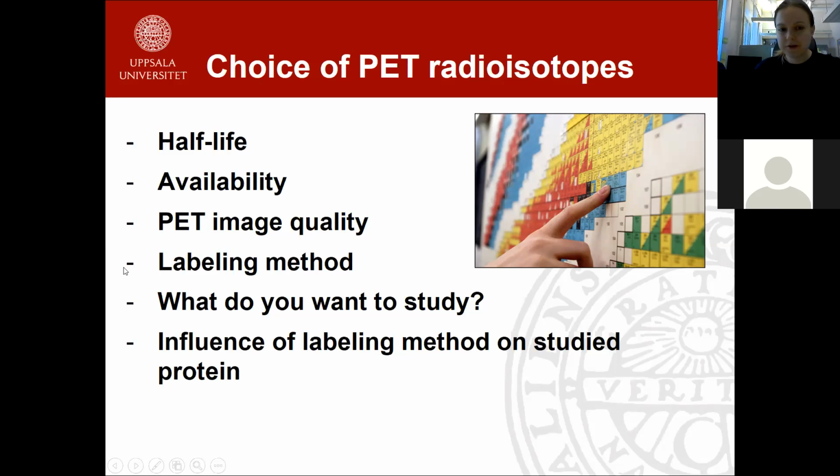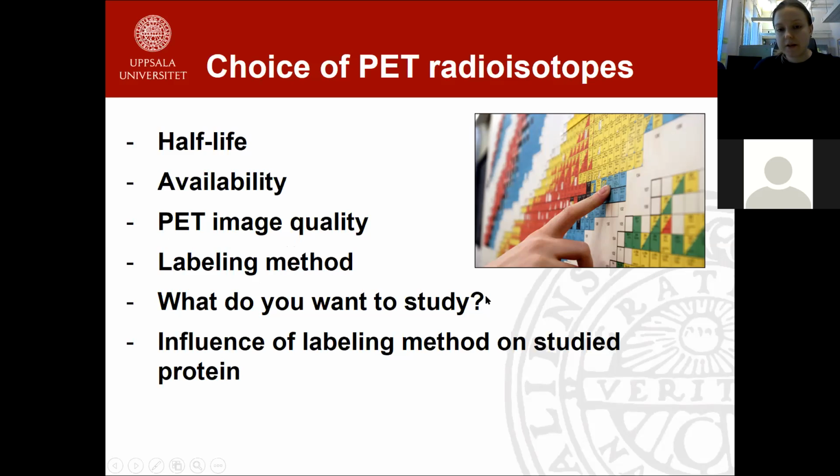So the fourth characteristic is the labeling method. Of course, we have to look at the properties and the nature of the radionuclide, and then we will be able to see which labeling method we can use to attach them as labels to our targeting molecule, to our protein or peptide.